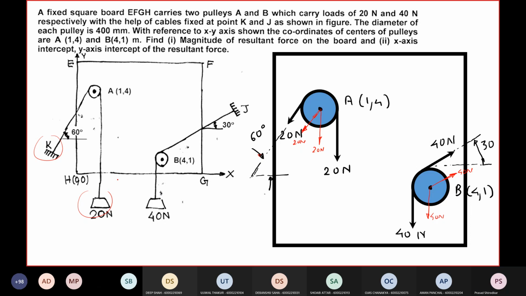Any questions about the transferring of force? Yes, anybody? Is that correct? This is the way I have transferred the force. Yes, sir. Any questions how I transferred the force? Have you understood how I transferred the force directly to the center? Yes, sir.